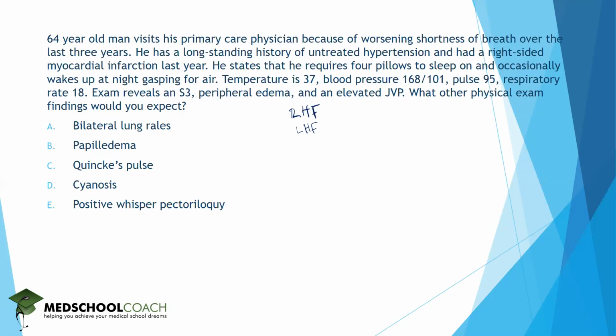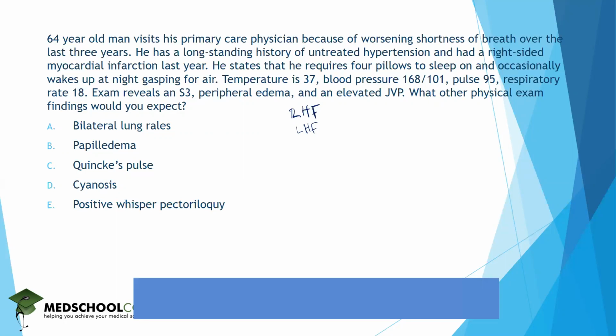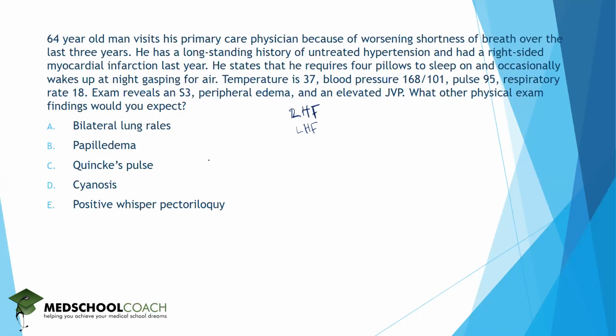So he could have some pulmonary edema. So maybe he could have the lung rales. Yeah, this could be it. Papilledema, going through the other answers just to make sure, is usually a sign of increased intracranial pressure, so I don't see exactly how that would fit in. I'm not sure what C is actually, so I would ignore that one.